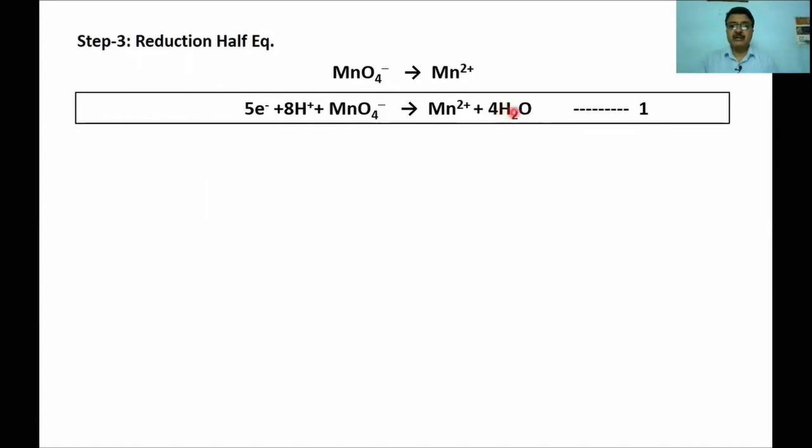Now we have 8 hydrogen atoms. So we have added 8 hydrogen ions. Here we have 7 positive charges, 8 minus 1. Here we have 2 positive charges. So we have added 5 electrons to the left hand side of the equation. Now our reduction half equation is balanced. Since electrons are being added, therefore this is a reduction reaction.